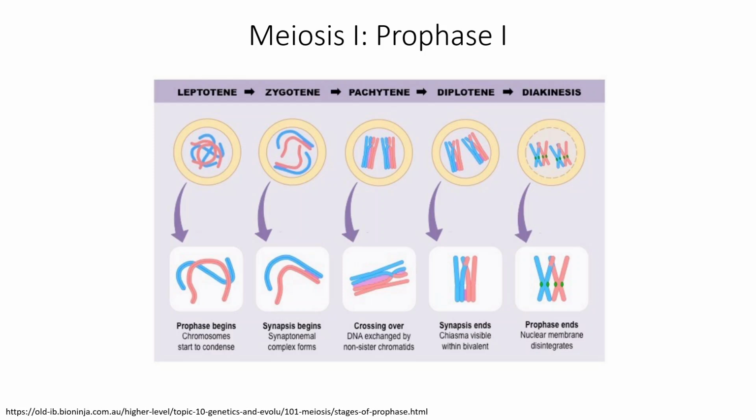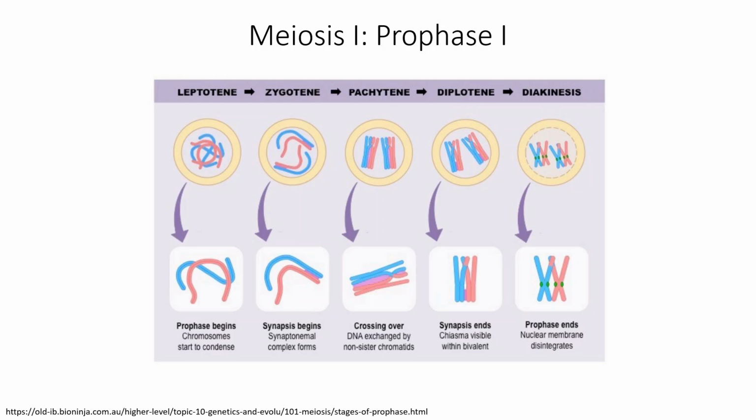Okay, so in pachytene, we have this DNA exchange taking place, crossing over in these regions called chiasmata. And in diplotene, synapsis ends and the chiasmata are visible within this structure. This structure is called the bivalent, which is basically the linked homologous chromosomes. Then when we reach diakinesis, the nuclear envelope is completely breaking down. You have to remember that this is still prophase.